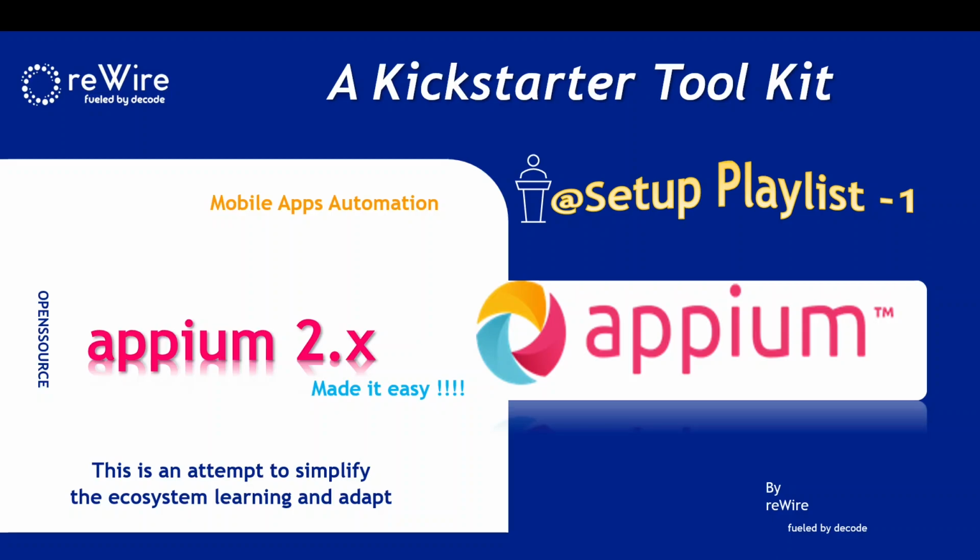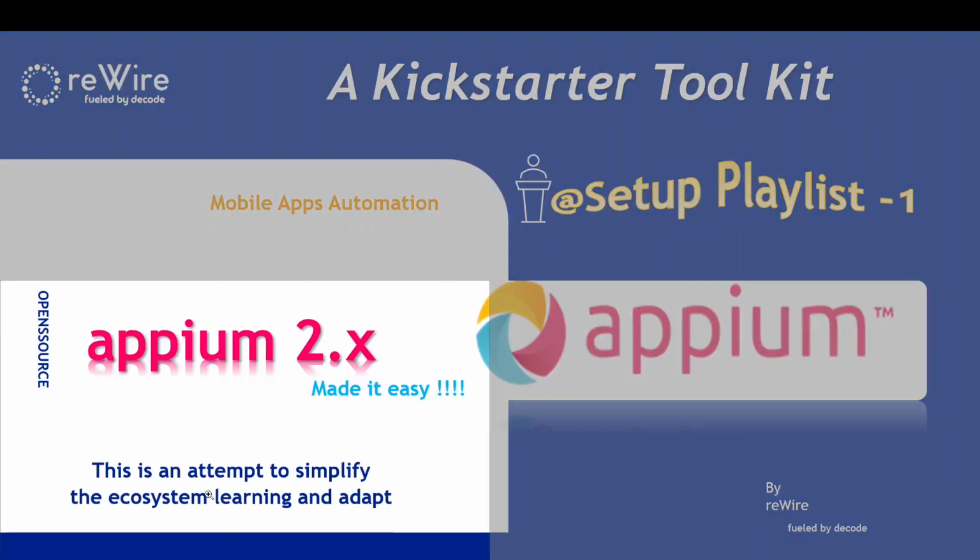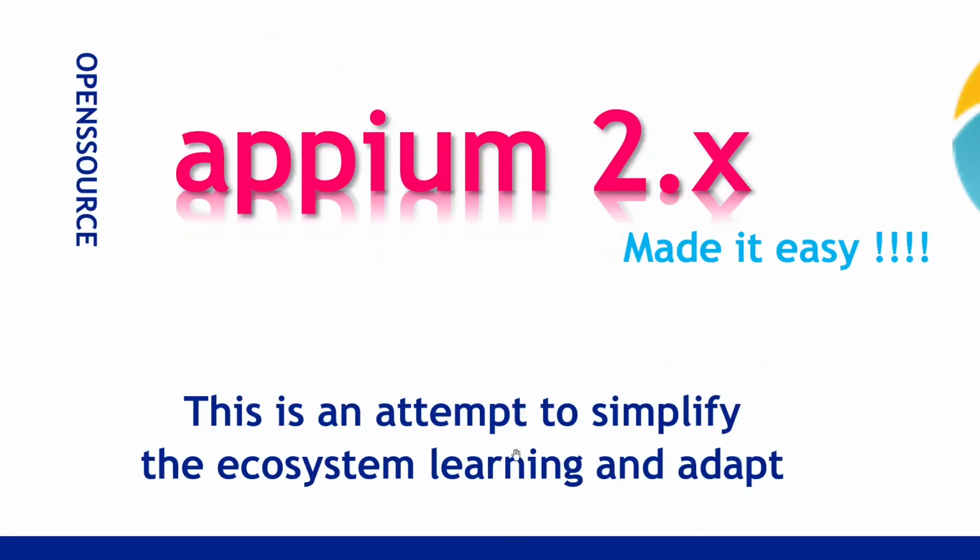So, part of the base, I'm going to give you a playlist which is named as setup playlist one, part of the Kickstarter toolkit. So as I said, this is my focus on this particular program.